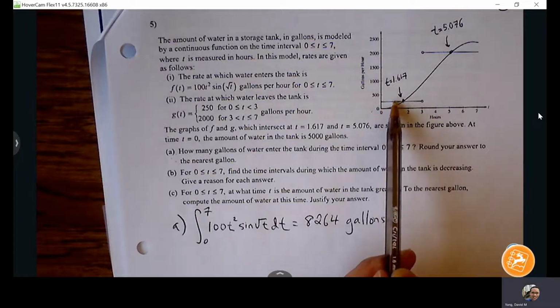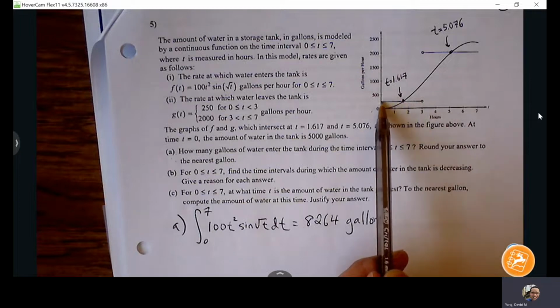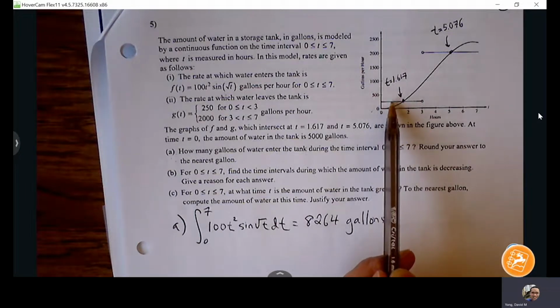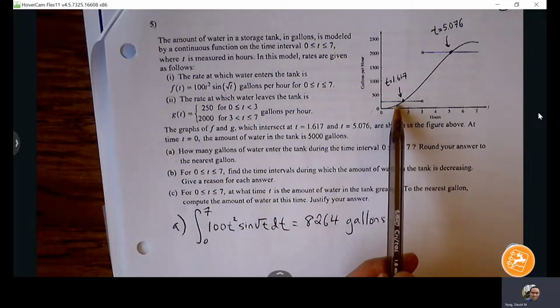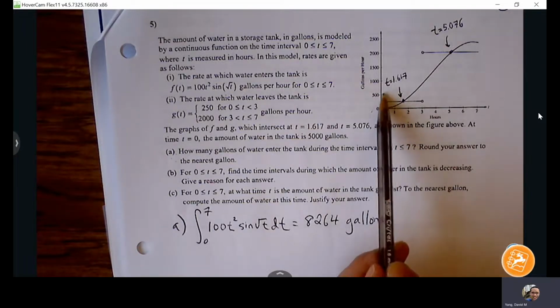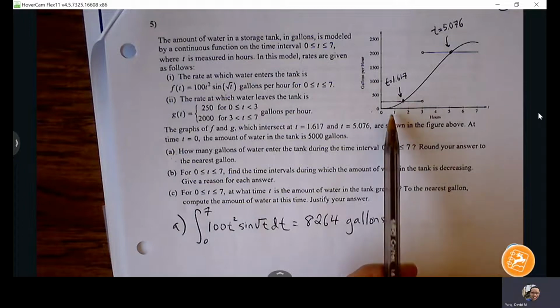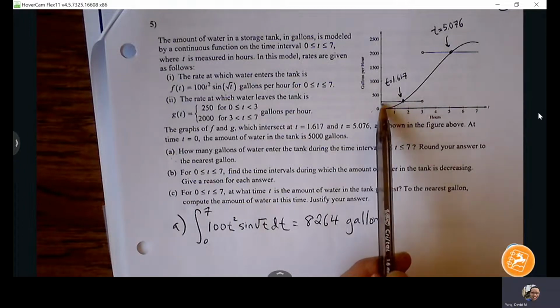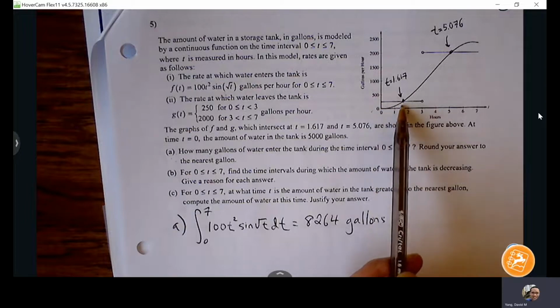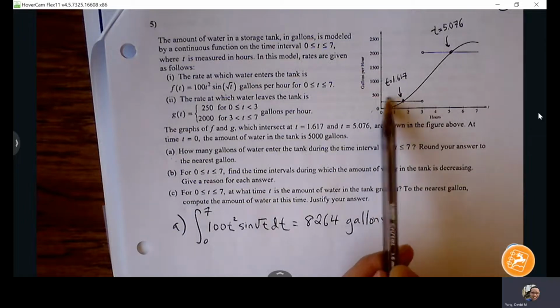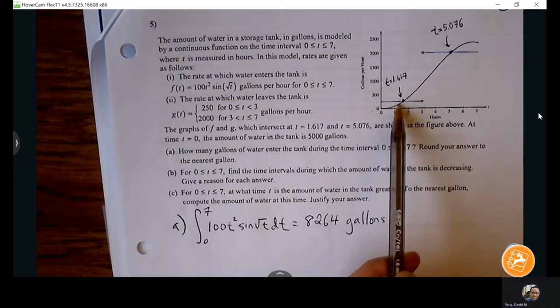This horizontal line tells us that there are 250 gallons per hour of water being let out. And this curve is less than that. So what's going to happen to the water level in the tank if there's more water let out than what's coming in? It's going to lose water. The water level is dropping from 0 to 1.617 because that horizontal line is more than that curve.